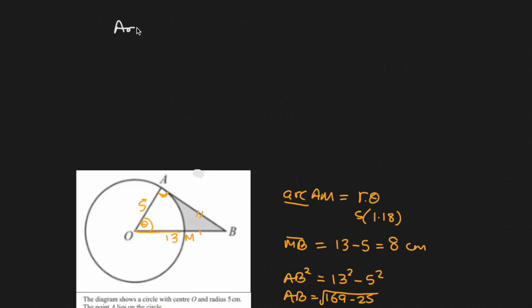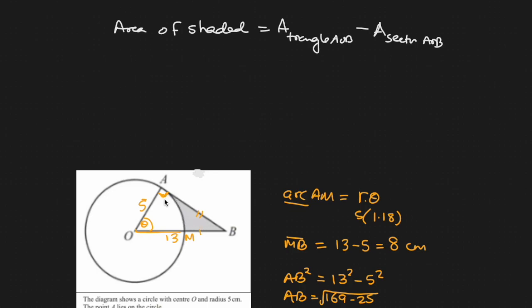So area of the shaded region will be the area of the triangle AOB minus the sector AOM. If I remove this sector from it, I'll be left with the shaded area. So area of sector AOM.